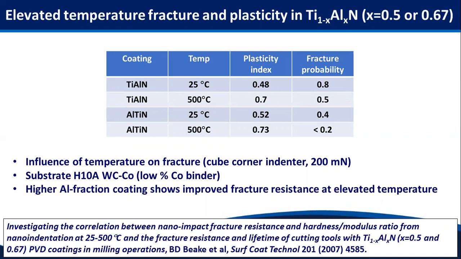The fracture probability at high temperature, again, decreases, so it's improved resistance to fracture. And you can also see, again, that the aluminium titanium nitride coating system has enhanced resistance to fracture compared to the titanium aluminium nitride at these high temperatures as well.